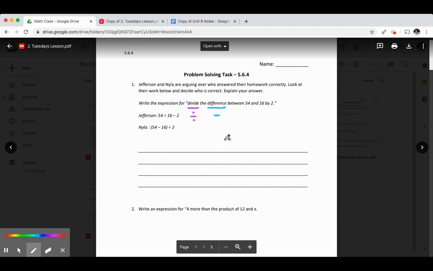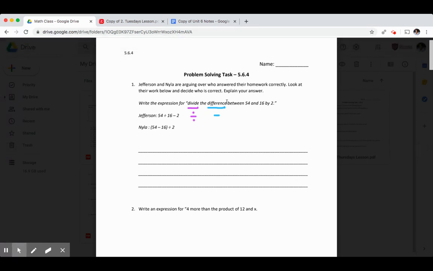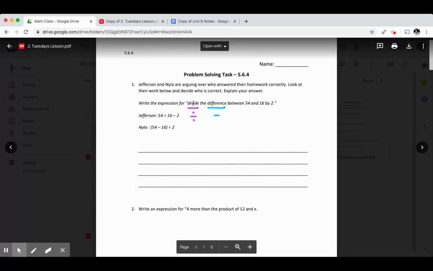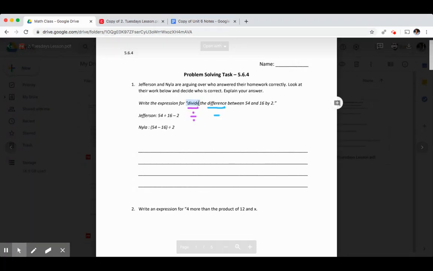So what did you guys think after you went back and reread the phrase? Well, if you're not sure, let's go through it together. So our phrase says to divide the difference between 54 and 16 by 2. So first it's telling us to divide, but we have to figure out what exactly it wants us to divide.